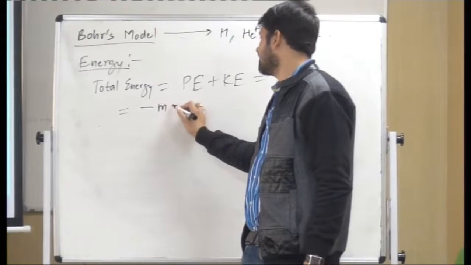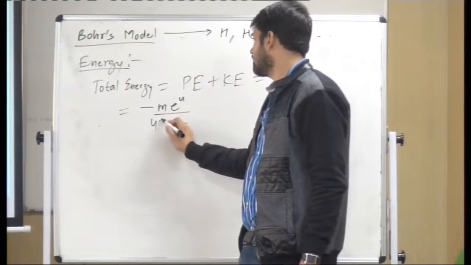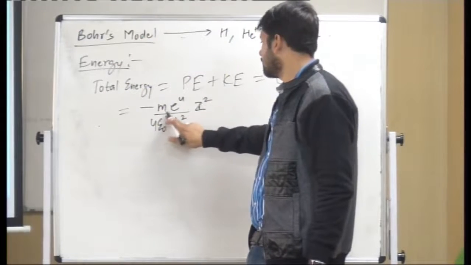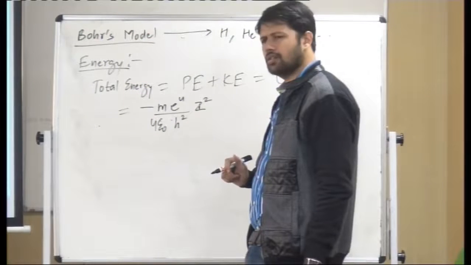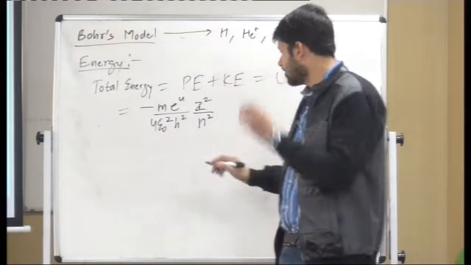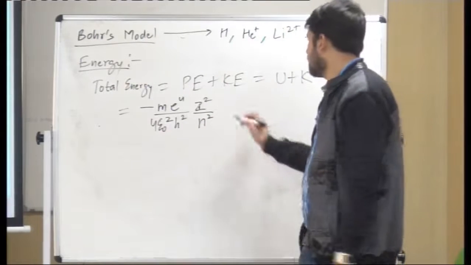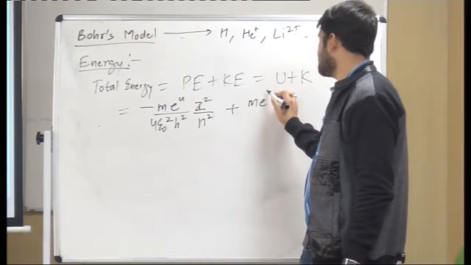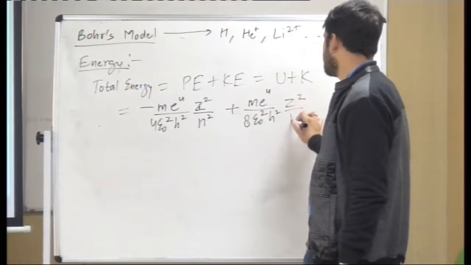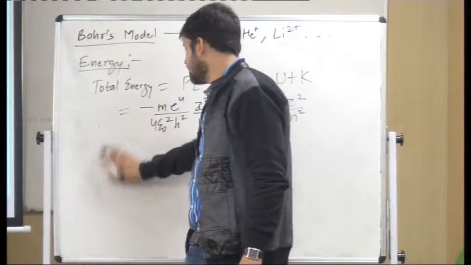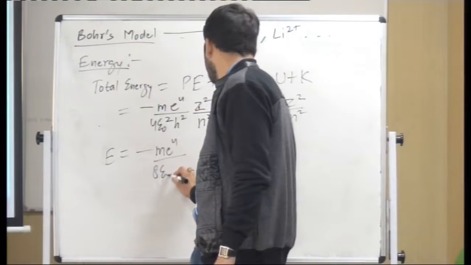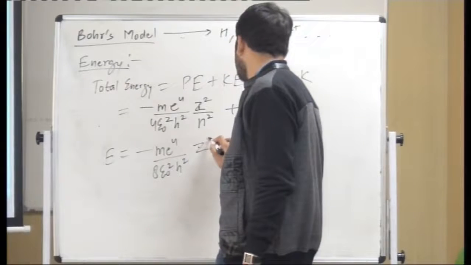Minus m e^4 by 4 epsilon naught square h square into z square by n square, plus the kinetic energy, which was half of it but positive, z square by n square, right? So the total energy E is minus m e^4 by 8 epsilon naught square h square into z square by n square.